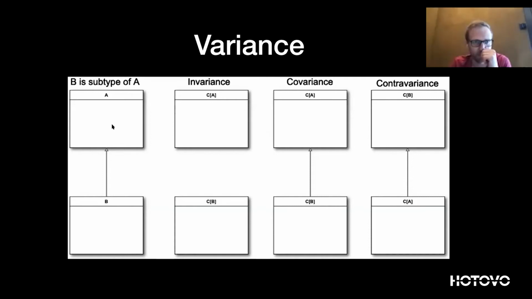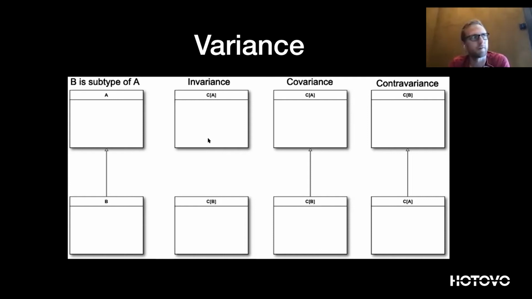So let's say B is a subtype of A. Now, variance tells us what happens if we have a generic type C, which can hold a type parameter, and that type parameter is within that hierarchy, what happens with the generic type C. So invariance means that if B is a subtype of A, there's no relation between type C with generic type B and type C with generic type A.